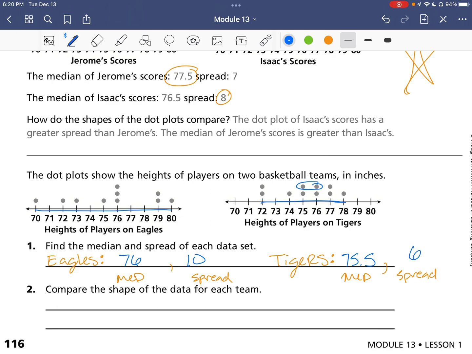And then the conclusions that we can make from this is that the medians are almost the same.